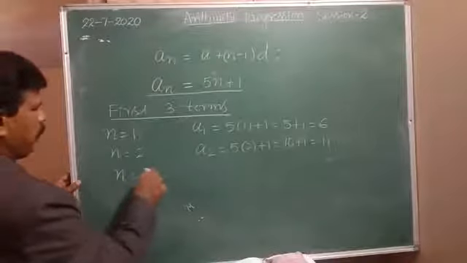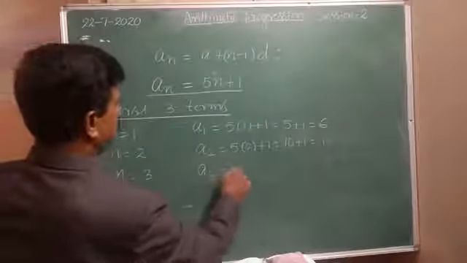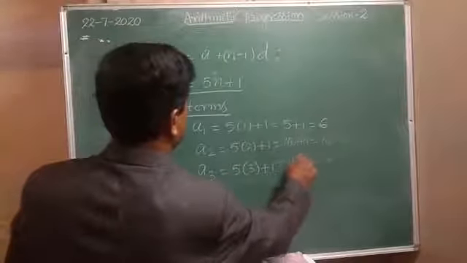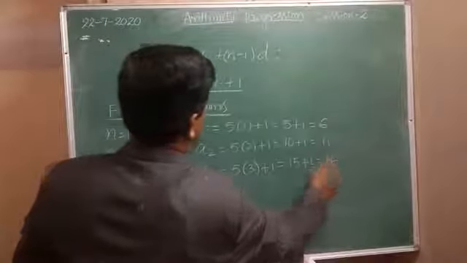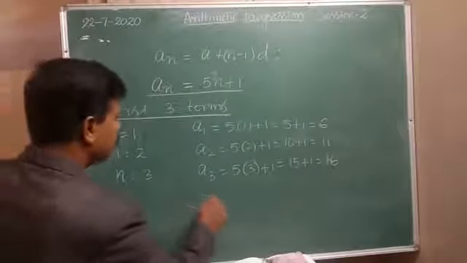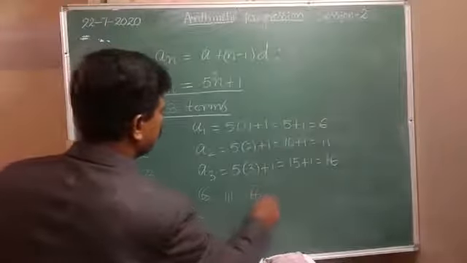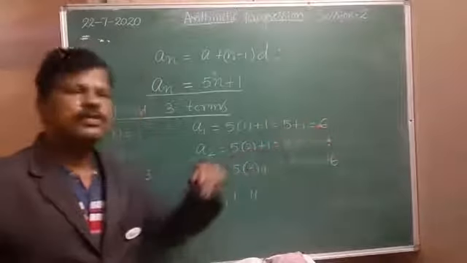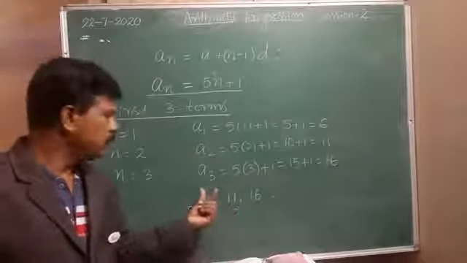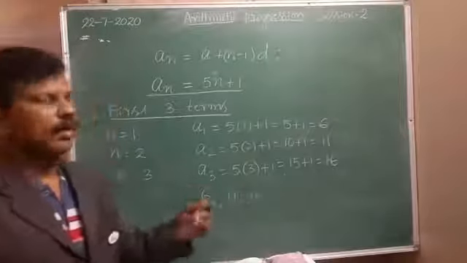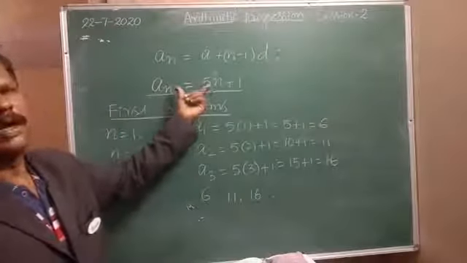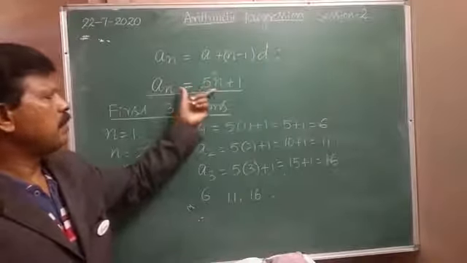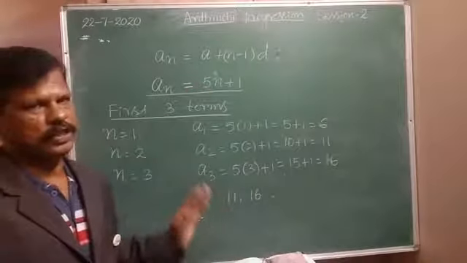Then n equal to 3: a3 equals 5 into 3 plus 1 equals 15 plus 1, that is 16. Here the terms are 6, 11, 16, etc. These are the terms of a progression, where each term is described by the nth term formula 5n plus 1. So this is one progression.